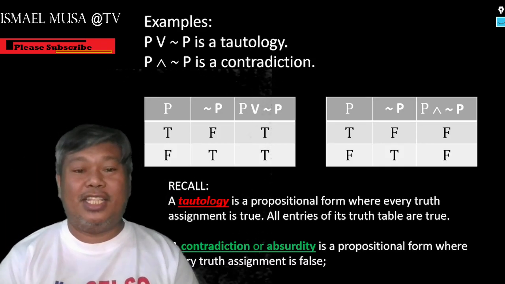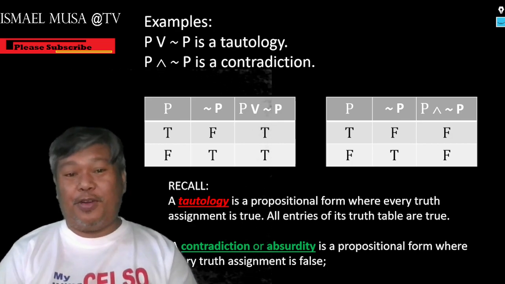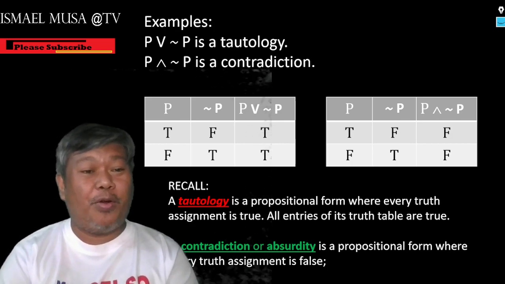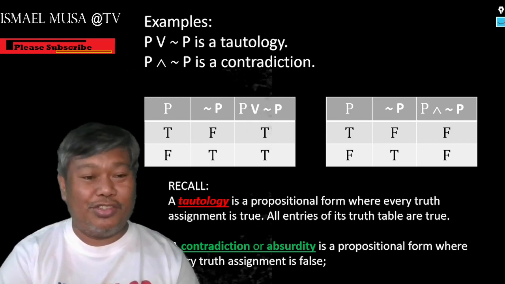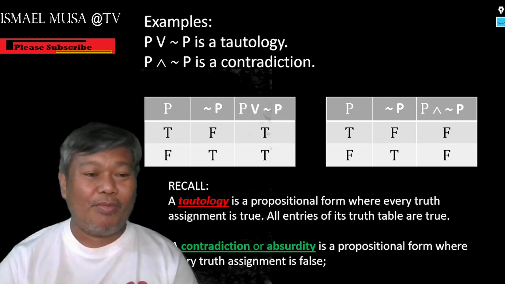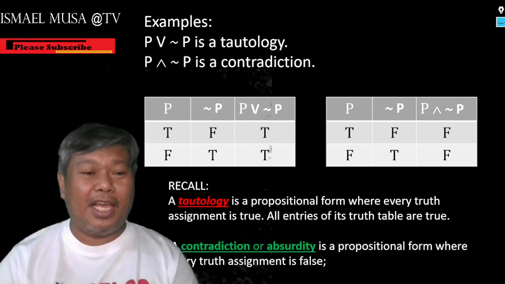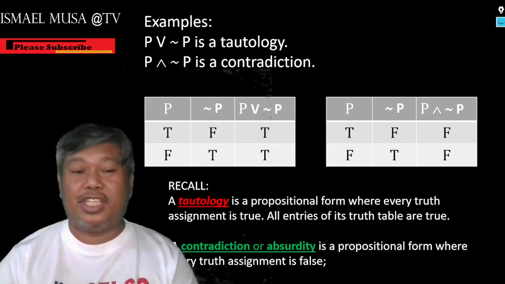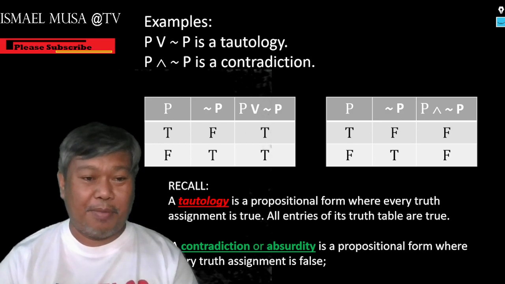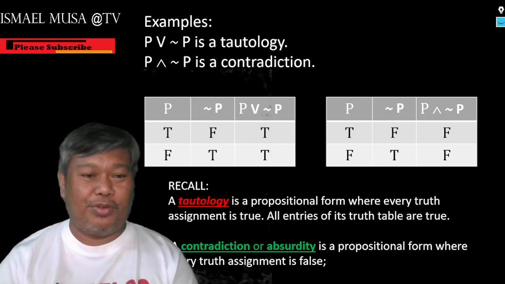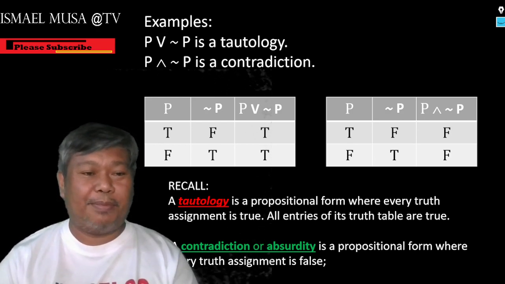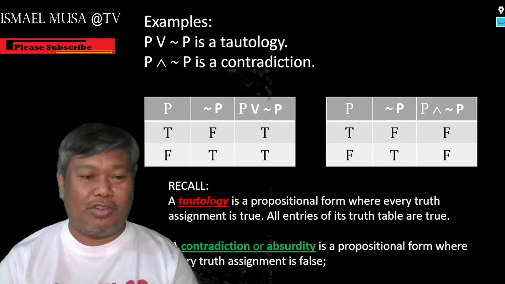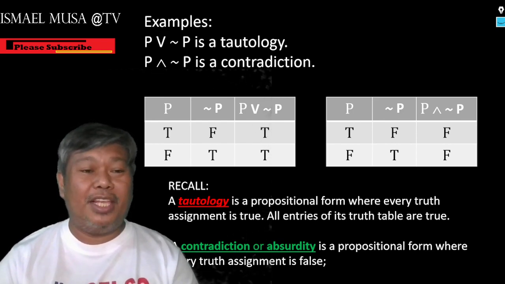So this is the truth table I made for you. P or not P is a tautology. Why? Whatever the independent propositions are, the new proposition generated is always true. P or not P, all true. So we call that a tautology. While P and not P is a contradiction.